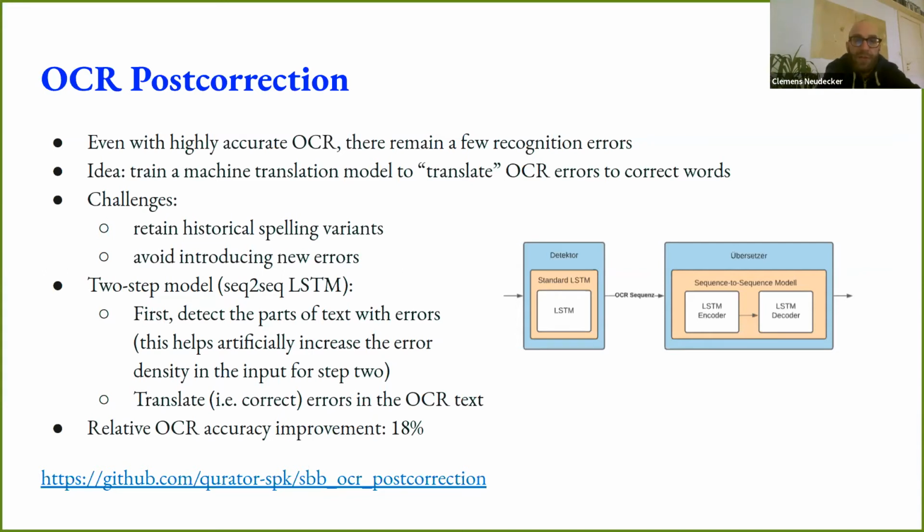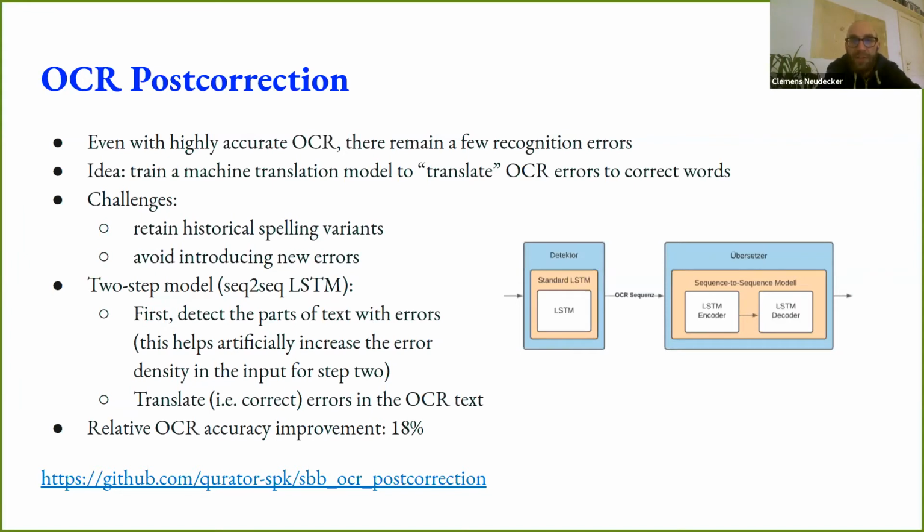So instead, we try to formulate the problem of error correction as a machine translation problem, where we trained a sequence-to-sequence model on a large corpus from the Deutsches Textarchiv, which contains highly accurate and quality-controlled transcriptions for about 4,000 documents in historical German.